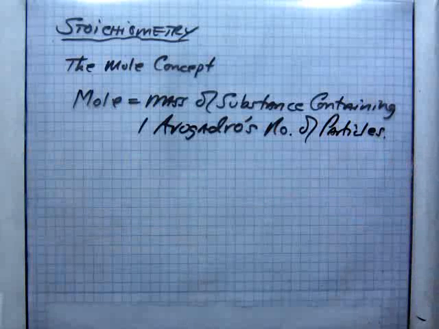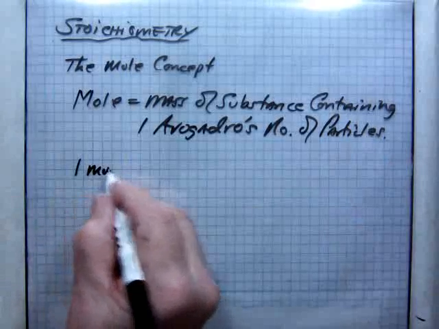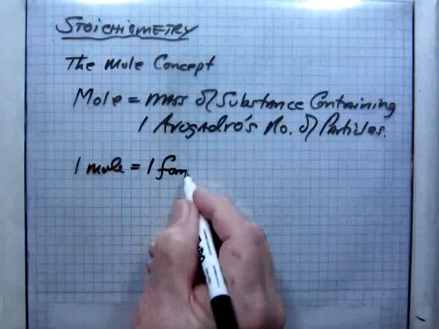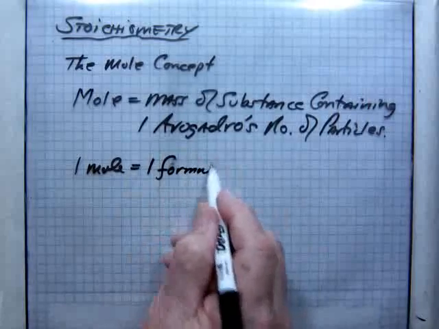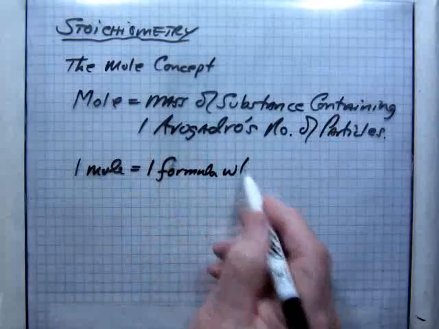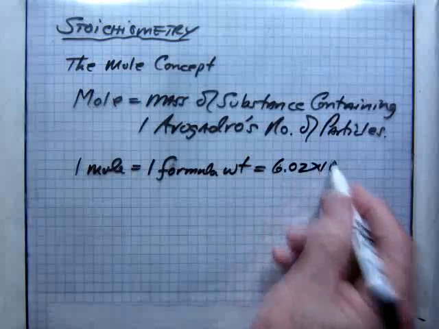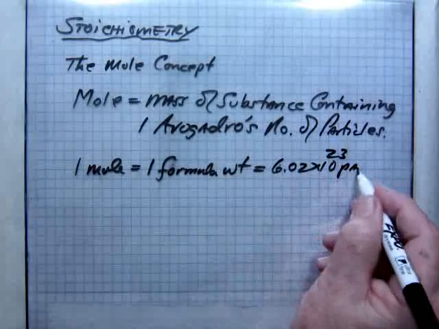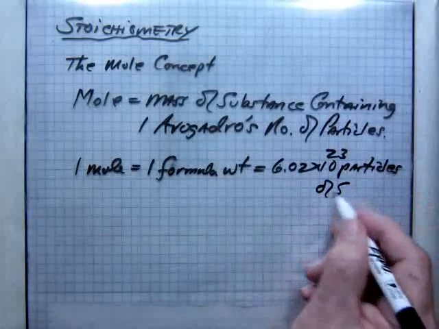Well, in the essence of chemistry and in its applications, 1 mole is equal to 1 formula weight, which is equal to 6.02 times 10 to the 23rd particles of substance.